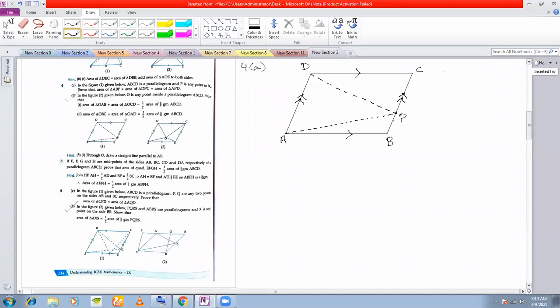This is the point P, and let's now read the question.